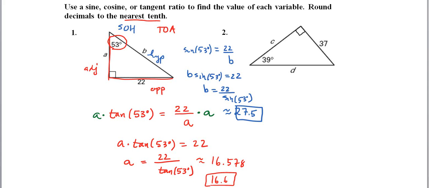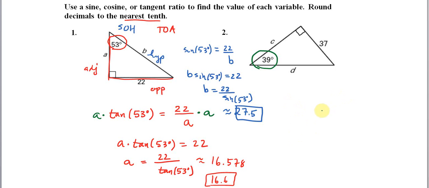Hopefully that clarifies a few things for you and gives you an example of how we can use these trigonometric ratios to solve actual problems. Let's go on and work on the second question. This time we have a 39-degree angle, and this is our reference angle.